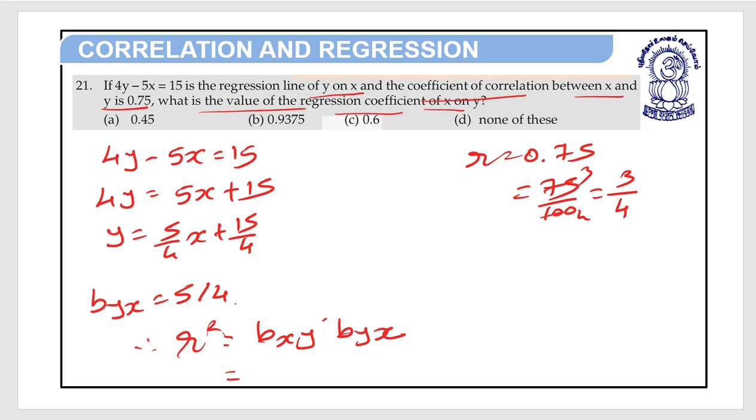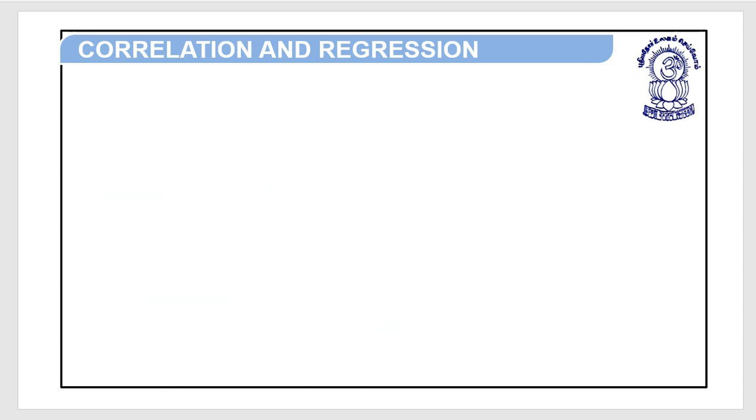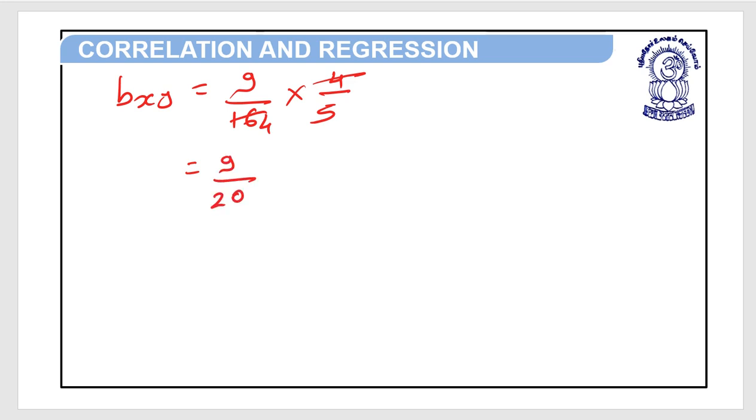Put the value: r square is 3 by 4 square, bxy we have to find out, into byx 5 by 4. So bxy is equal to 9 by 16 into 4 by 5. 4 4s are 16, so it is equal to 9 by 20.